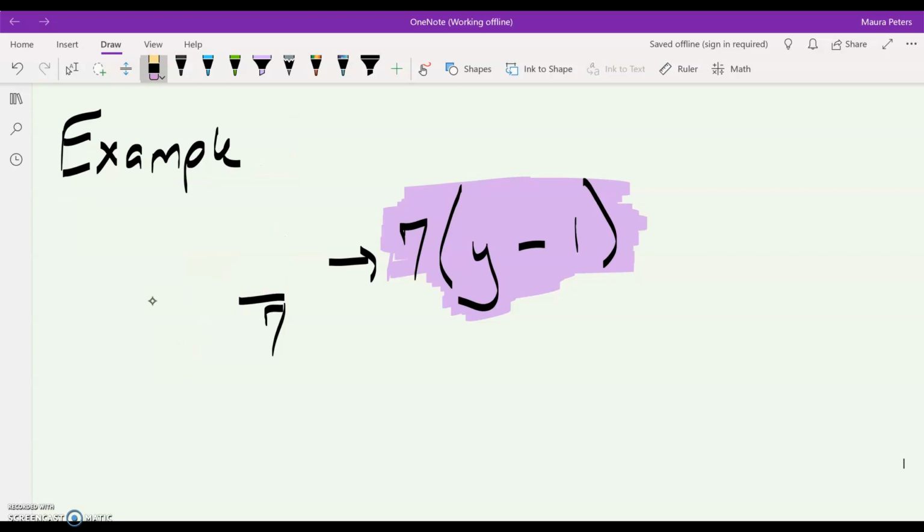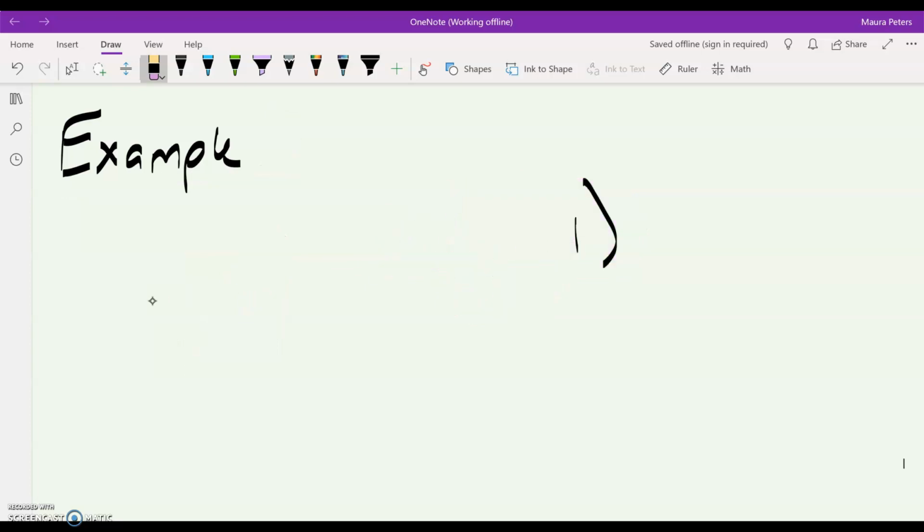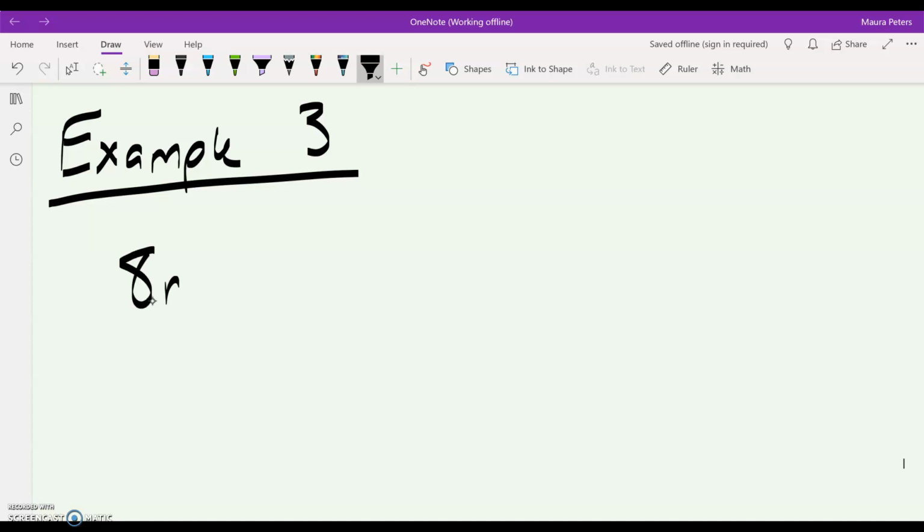We'll go for another example. They're going to start getting a little bit more difficult. This is example 3. Let's take a look at 8m plus 36n. The first thing I'm going to do is take a look at this 8 and this 36.